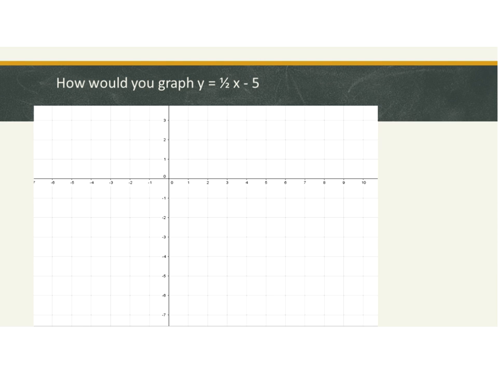How would you graph y equals 1/2 x minus 5? What's the first thing we do? One of the DBA questions is explain how to graph.